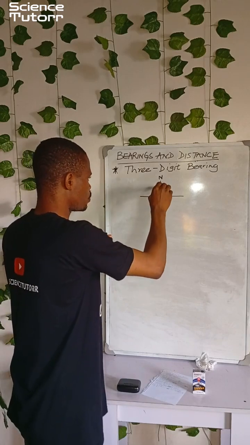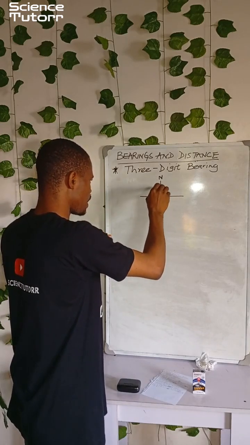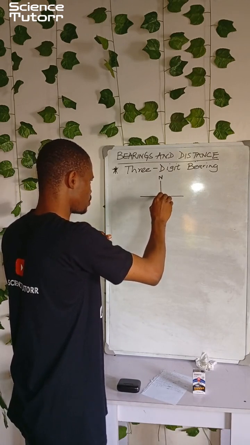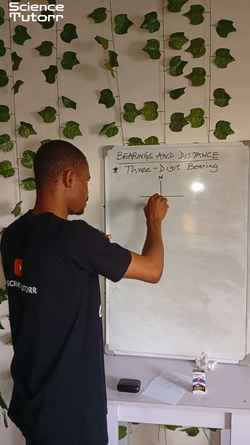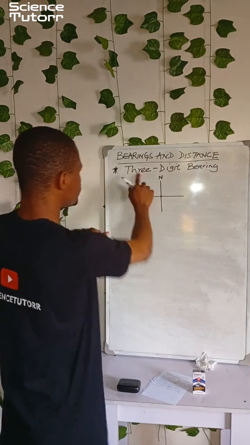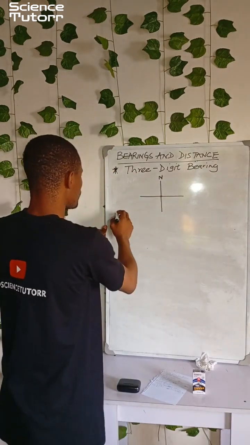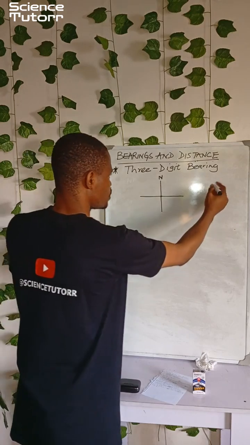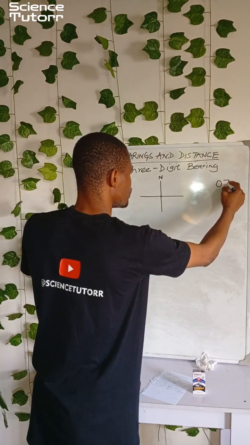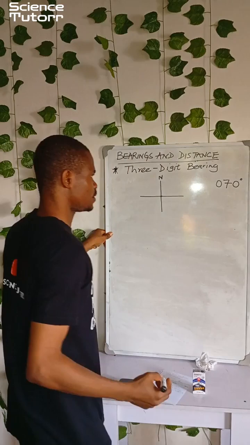Now remember, this is 90, 90, 90, 90, making 360. So angle at a point is 360: 90, 180, 270, and 360. Now, like I said, 3-digit bearing begins from the north. Now, as an example, let's sketch the bearing 070, 3 digits.